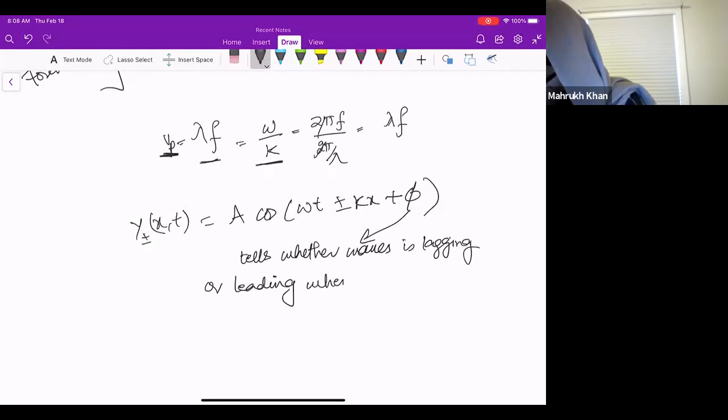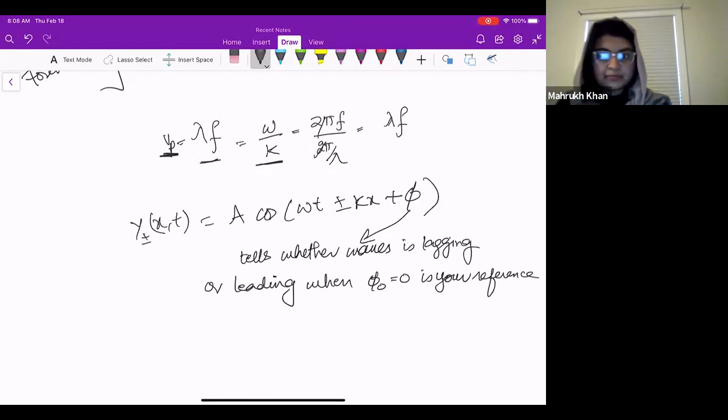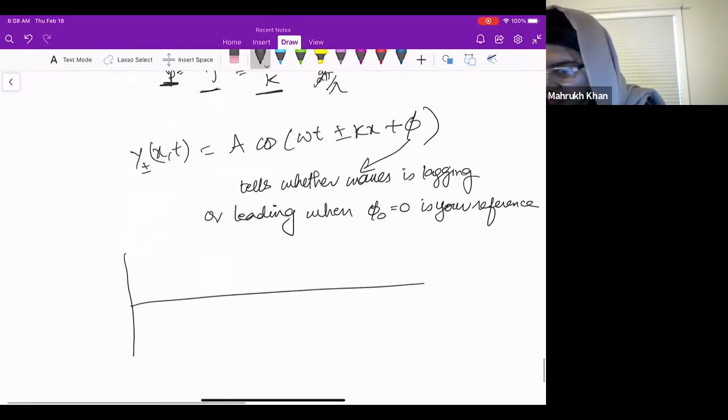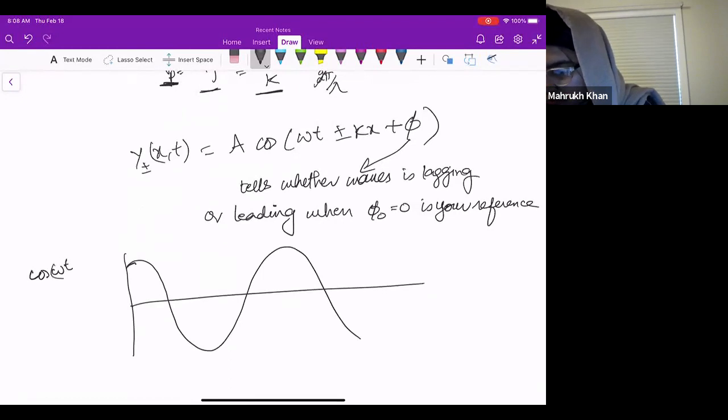When phi naught is equal to 0, that is your reference. What it means is, let's say you have a cos signal, cos(omega t minus kx).